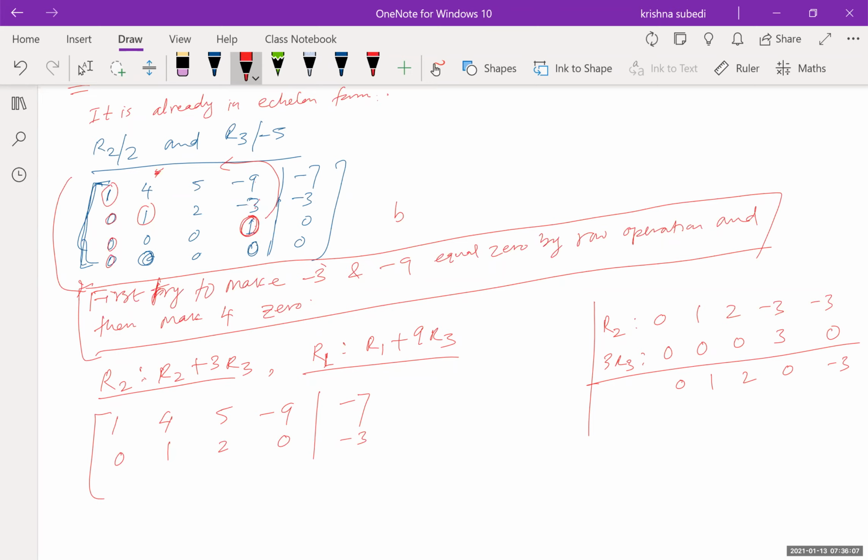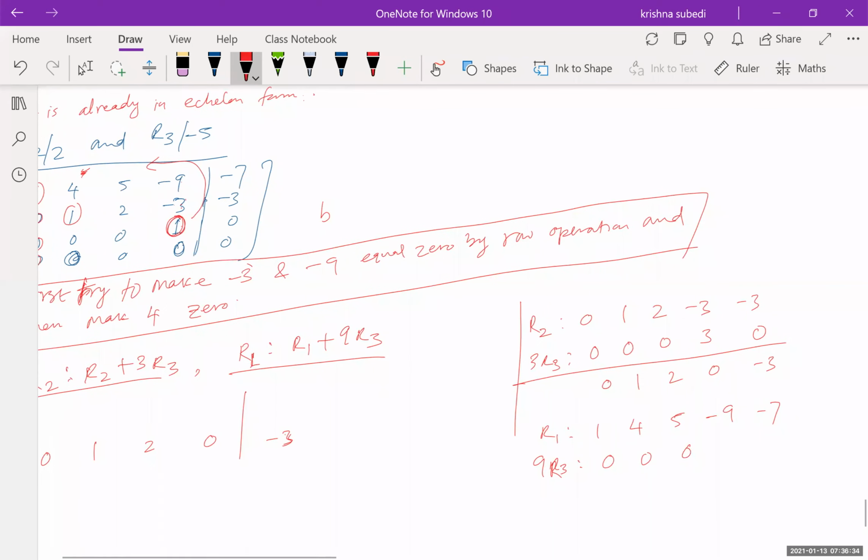And in R1, we did something. So hold a second. In R1, what we did is R1 plus 9R3. So let us do the operation. R1 is 1, 4, 5, -9, -7, and 9R3 will be 0, 0, 0, 9, 0.